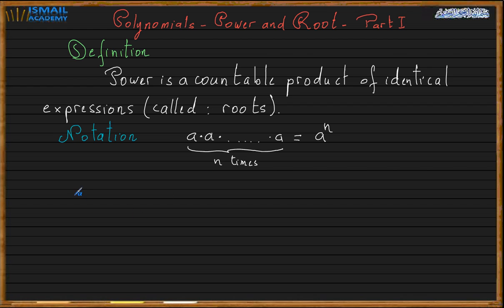So A can be any real number, and N can be a positive integer, where A is a real number and N is a positive integer.